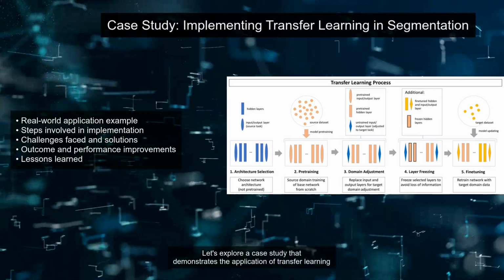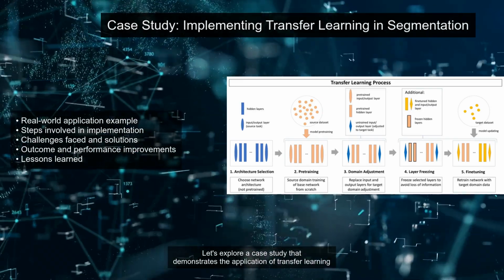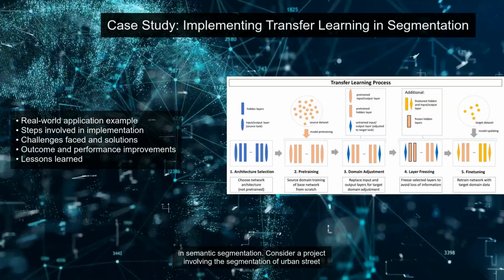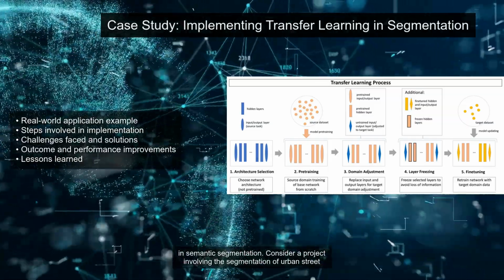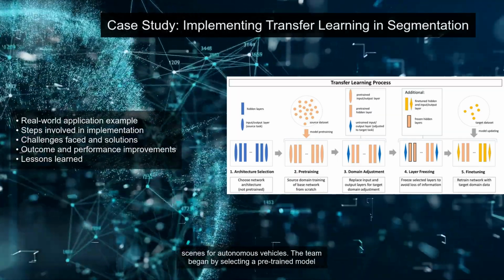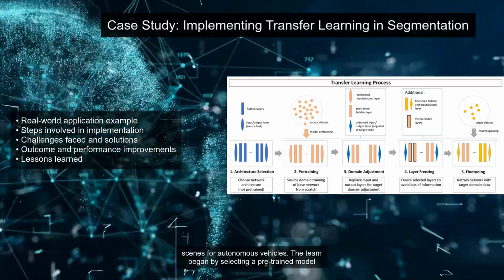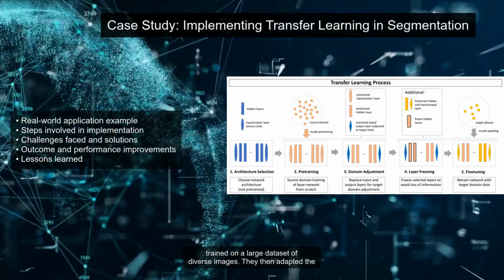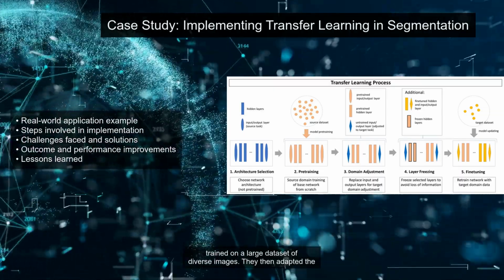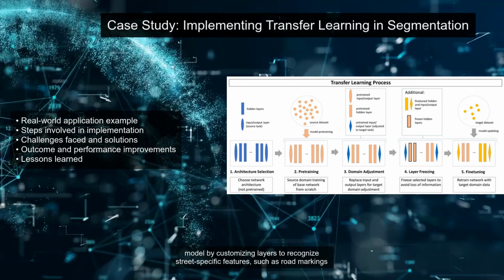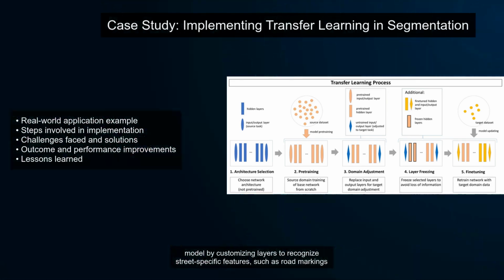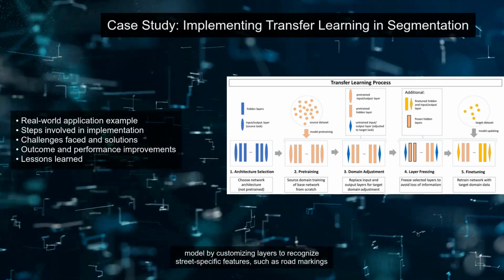Let's explore a case study that demonstrates the application of transfer learning in semantic segmentation. Consider a project involving the segmentation of urban street scenes for autonomous vehicles. The team began by selecting a pre-trained model trained on a large dataset of diverse images. They then adapted the model by customizing layers to recognize street-specific features, such as road markings and vehicles.